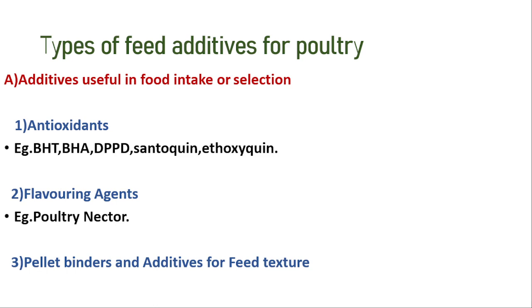Now when we learn about flavoring agents, we use them to increase the taste. That means we can make unpalatable, tasteless food into palatable, tasteful, yummy food by using flavoring agents.